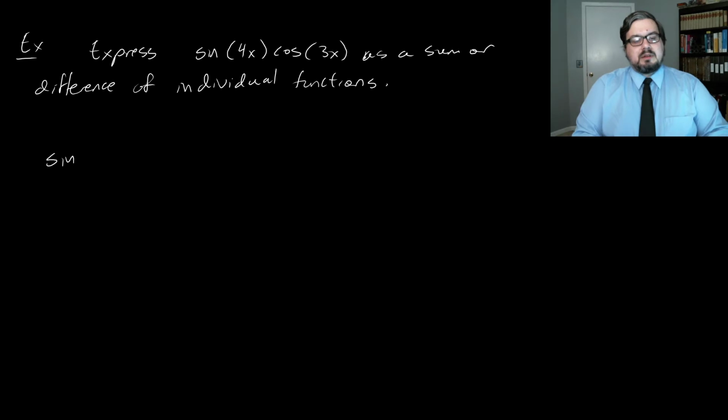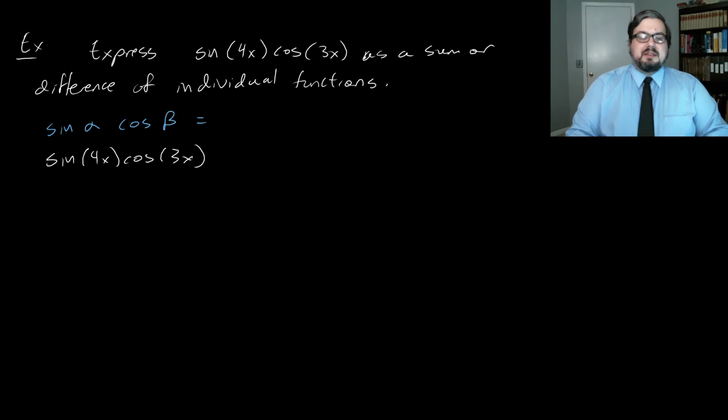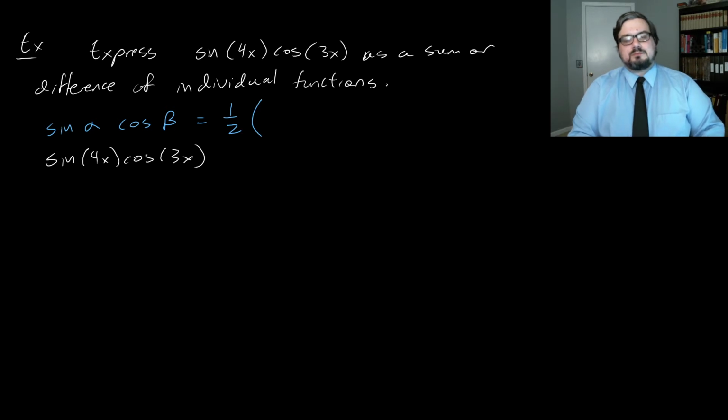So we look here, we've got sine 4x times cosine 3x, and we remember the formula. If we have sine alpha times cosine beta, that is going to be 1/2 times... Now, because the two functions we're working with are different, that means that we're going to be dealing with sines.